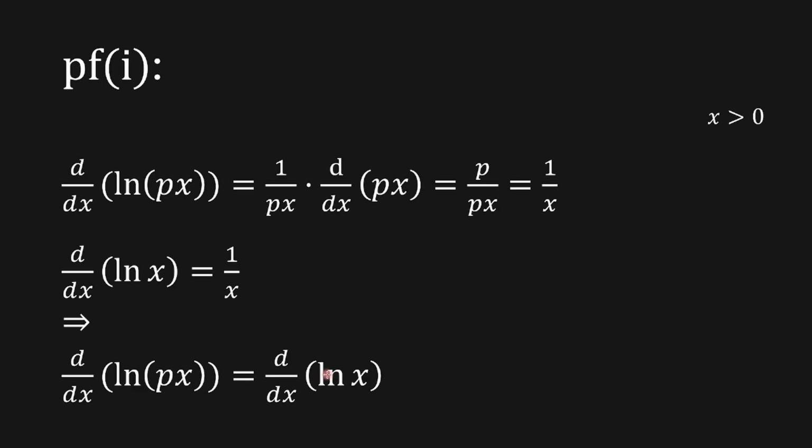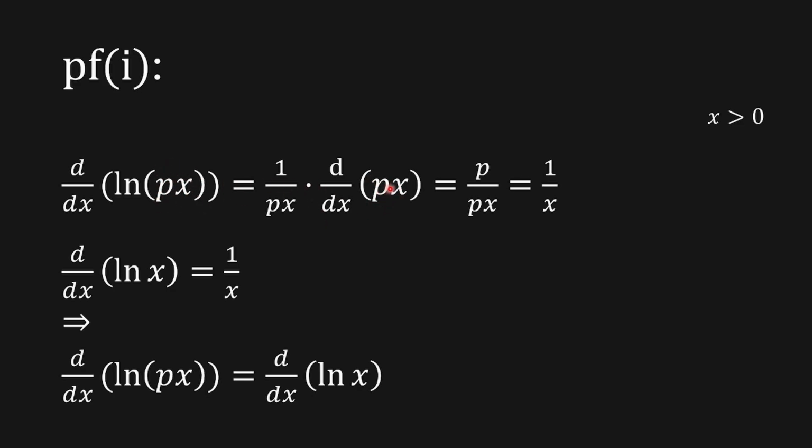Alright, starting with the proof of our first point, if you take the derivative of ln of p times x with respect to x, using chain rule, we'll get the derivative of the outer function times the derivative of the inner function. So it's 1 over px, because the input is px here, times the derivative of the inner function px.